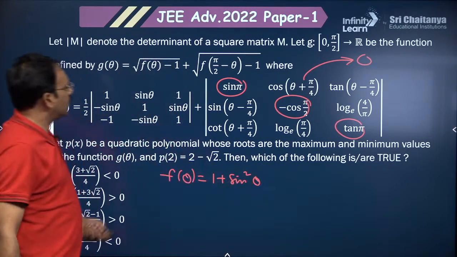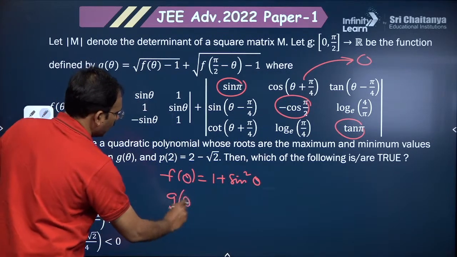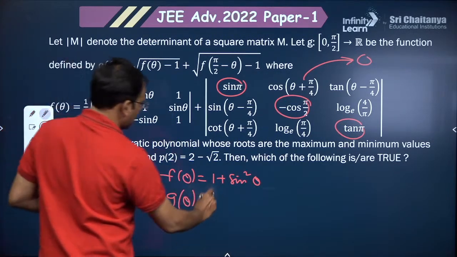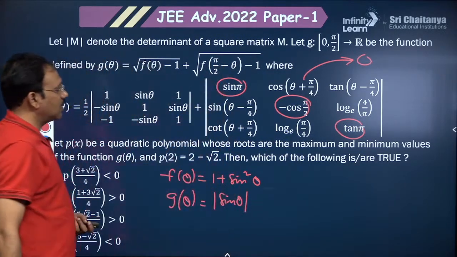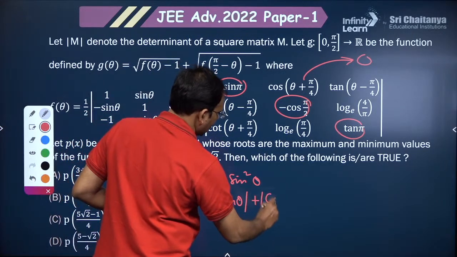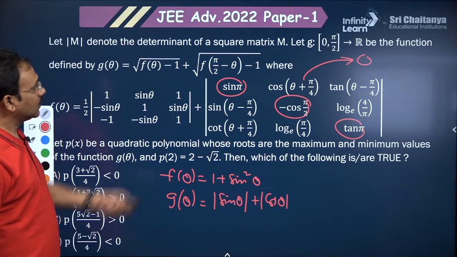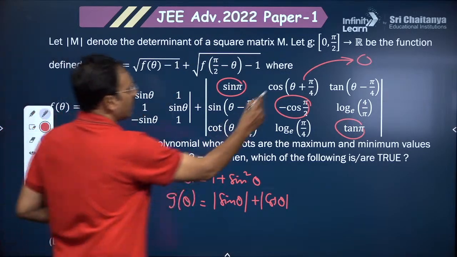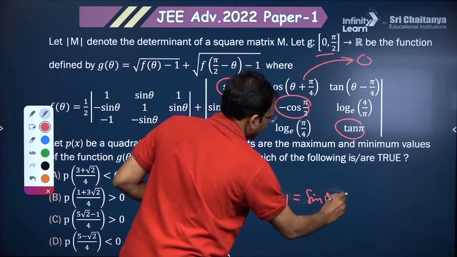So now root of f of theta minus 1 plus root of g of theta minus 1 is going to be mod sin theta, in fact, plus, this is 1 plus cos square theta minus 1, is going to be mod cos theta, right. So friends, in this particular expression, theta is taken in 0 to pi by 2, so I can simply say this is sin theta plus cos theta itself.